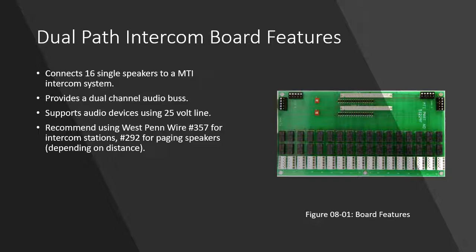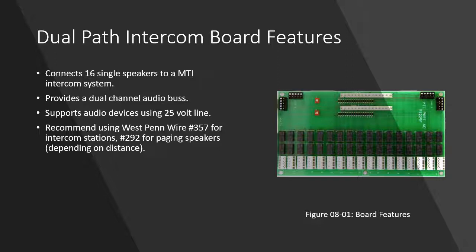The unique thing about the dual path intercom board is that it provides a dual channel audio bus so that you can address two different intercoms from two different amps on the same board, allowing you to have a hierarchical control of the audio bus for that particular set of intercoms.